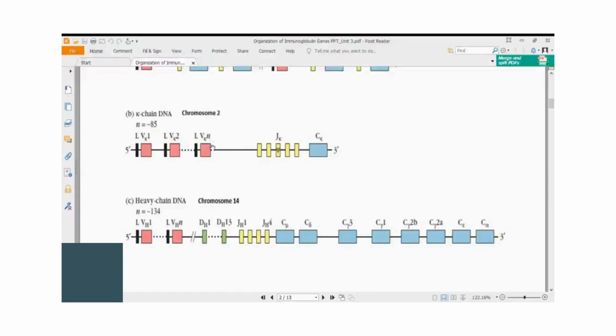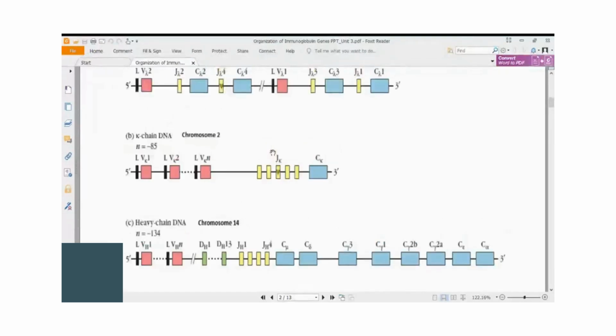This is the 3' region of the variable region, and this is the 5' region of the variable region. So the 3' segment of the variable region, 13 amino acids that are included in the variable region, belong to the J segment of the genes. Those 13 amino acids will become part and parcel of the variable region when it recombines with the constant region. How it recombines, we will see a little later.